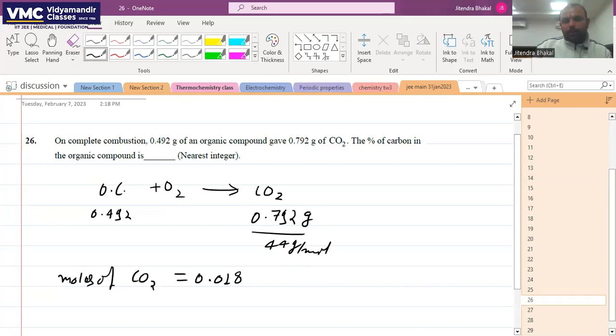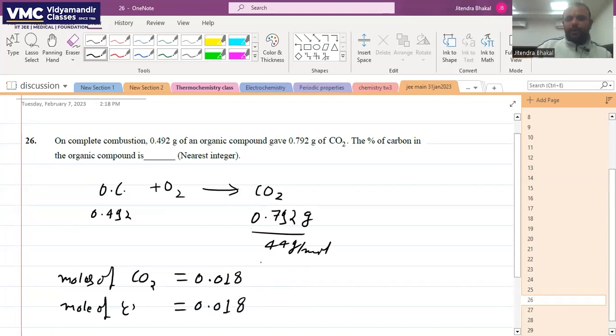Now, in one CO2 molecule, there is one carbon atom. So moles of CO2 and moles of carbon is equal. So moles of carbon is equals to 0.018.